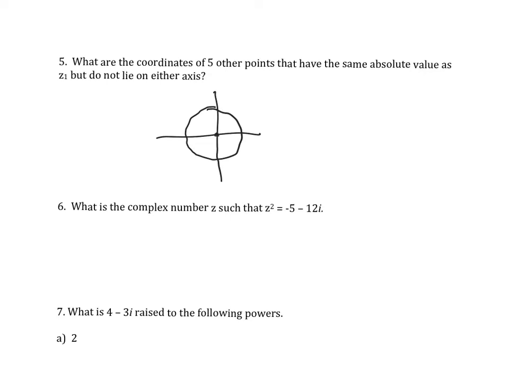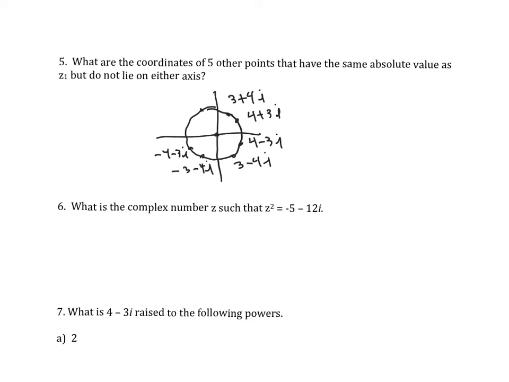We already have 3 plus 4i, but we can go around and we can say, all right, we're also going to have 4 plus 3i. We're going to have 4 minus 3i. We're going to have 3 minus 4i. We're going to have negative 4 minus 3i. We're going to have negative 3 minus 4i.